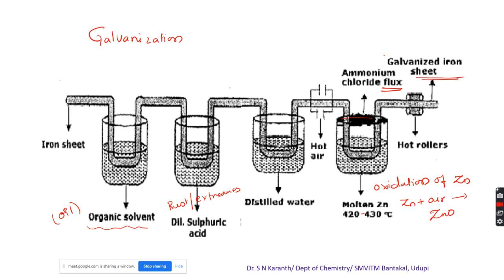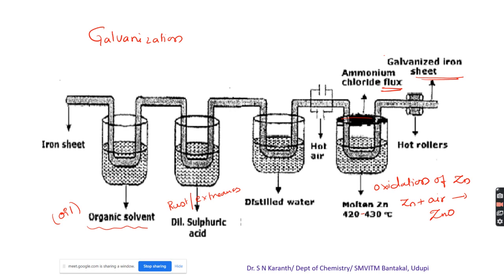Okay. These are the steps involved in the galvanization process. An iron sheet is first washed well with an organic solvent in order to remove all the organic components present over the surface of the metal. Then it is immersed in dilute sulfuric acid in order to remove rust or extraneous matter.